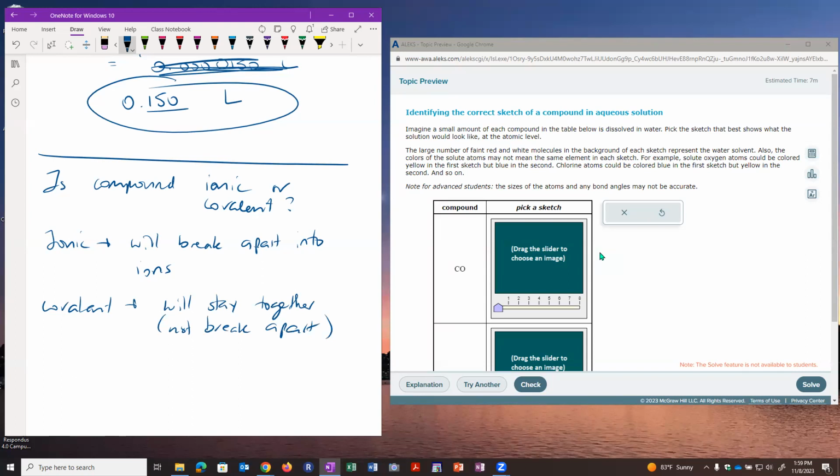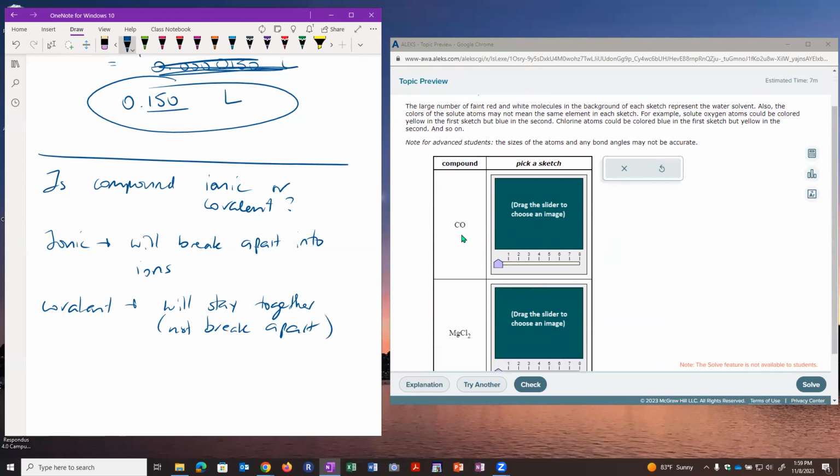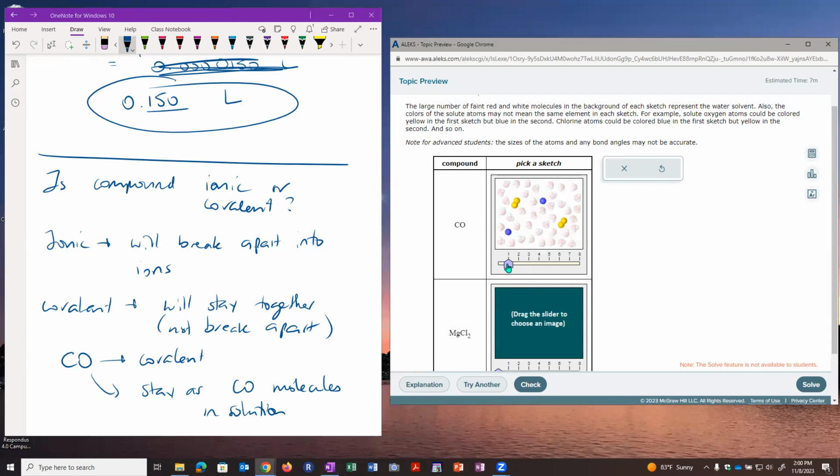So for instance, if I have carbon monoxide, CO, okay, is it ionic or covalent? Well, we look at the types of atoms, they're all nonmetals, so this would be covalent. So this will stay as CO molecules in solution. So I have a C and an O connected together. So if we slide across, we're looking for two spheres connected together.